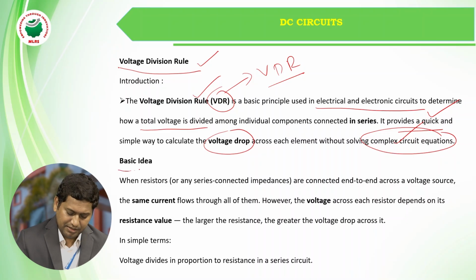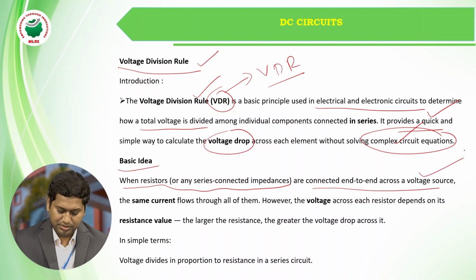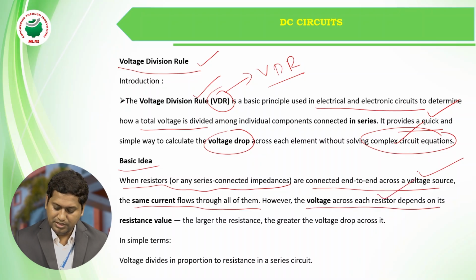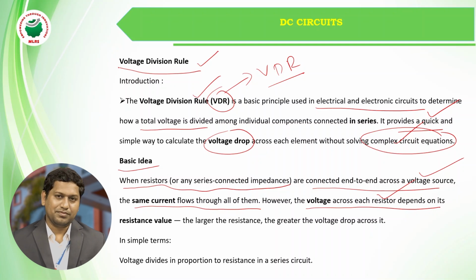The basic idea is, whenever resistors are connected in series across a voltage source, the same current flows through all of them. However, the voltage across each resistor depends on the resistance value.